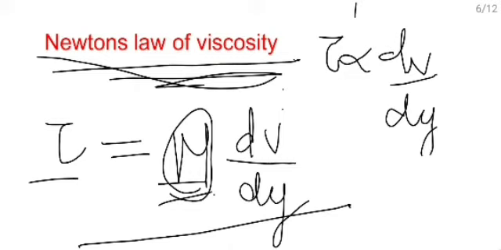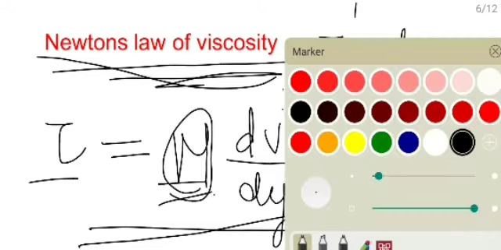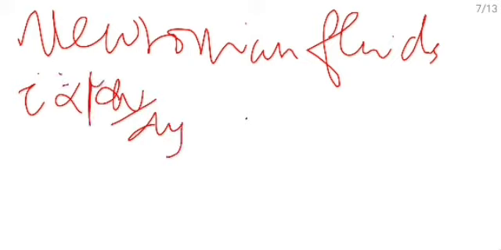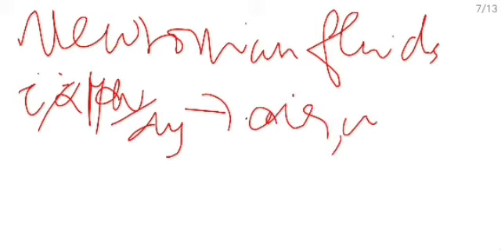It is applicable for some fluids we commonly see: air, water, light oils, gasoline, etc. Those fluids which obey this law as it is are called Newtonian fluids, that is, shear stress is proportional to velocity gradient, equal to mu times dv by dy. Examples include air, water, etc.